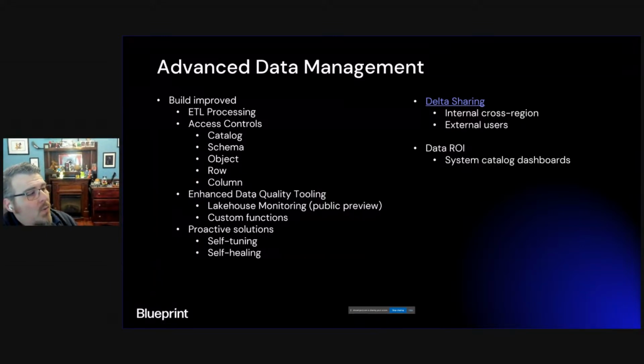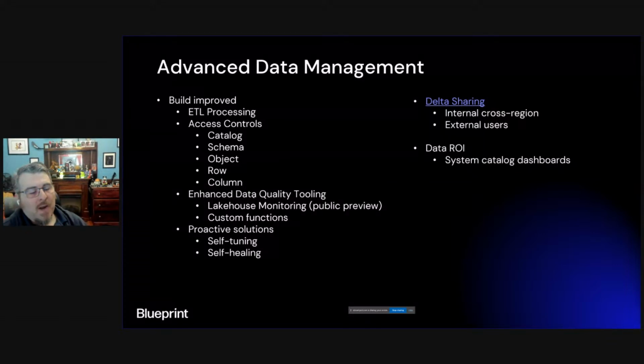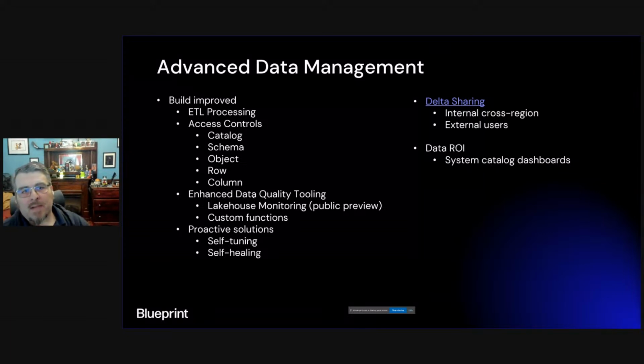In addition, we can create enhanced data quality tooling. So I already showed the Lakehouse monitoring tools, but you can build custom functions on top of objects. You could write a function that does, let's say, an address lookup. And then once you've created it as a function, you can use that in your pipelines anytime a column comes through that meets a set of a list.